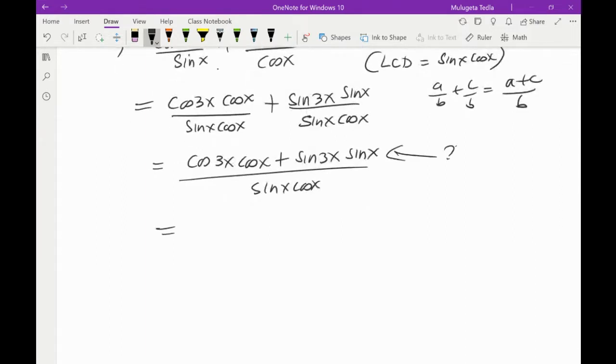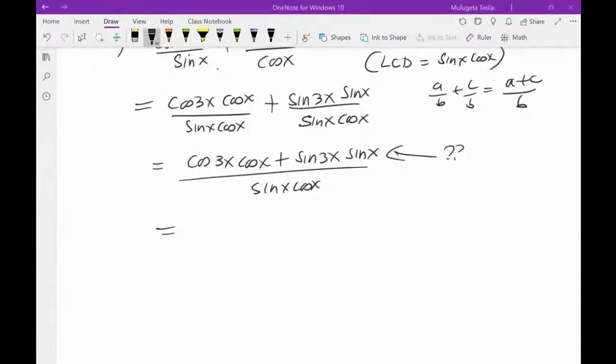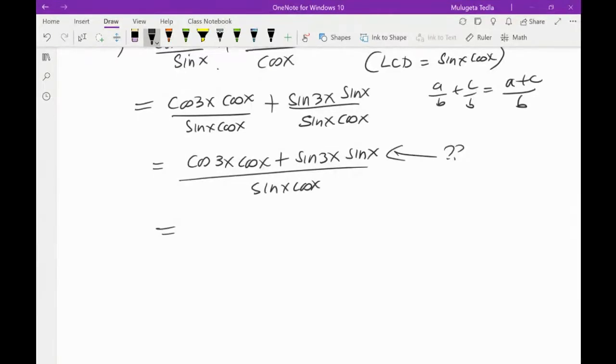What is this? Can you tell me? It's section 2, the trig functions of addition and subtraction. Yeah, it's Sivan. It is cos of alpha minus beta. You're right.